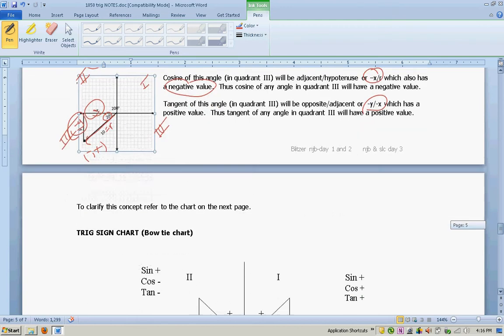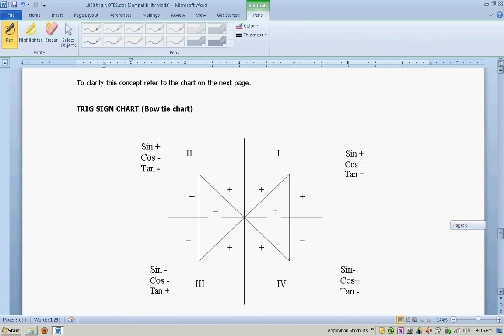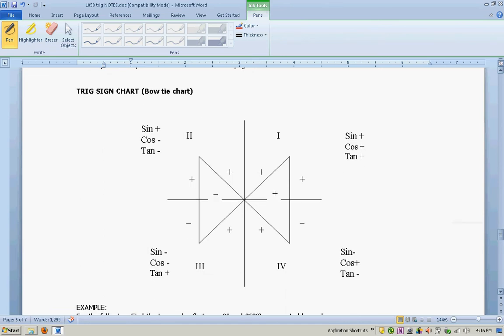So to clarify this, we're just going to look at what we call the bow tie chart. So the bow tie chart is an angle theta and a resultant r. And with that angle theta, we can look at the opposite side and the adjacent side and the hypotenuse side, which is always positive.